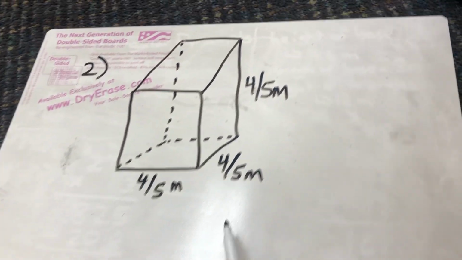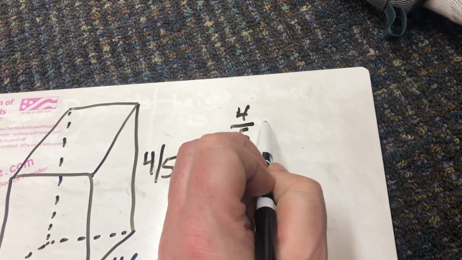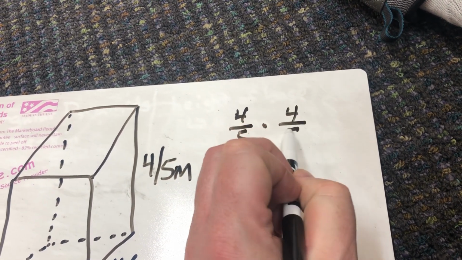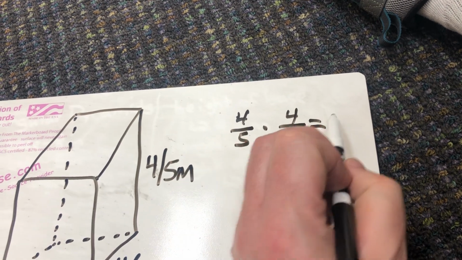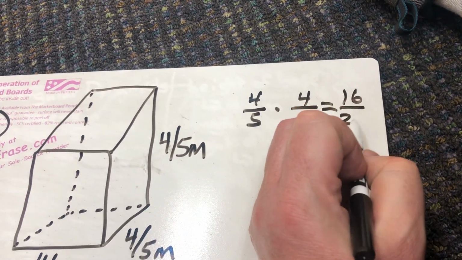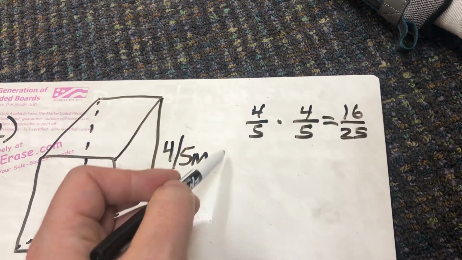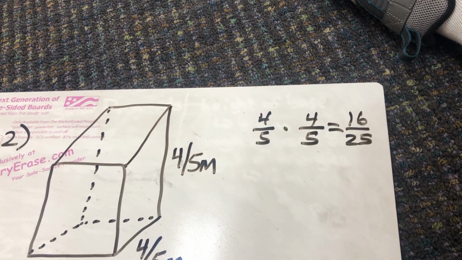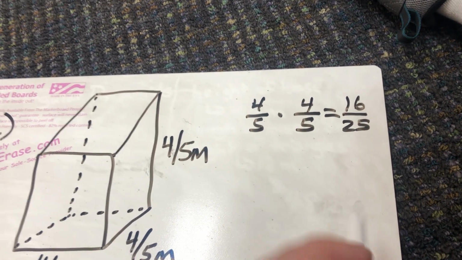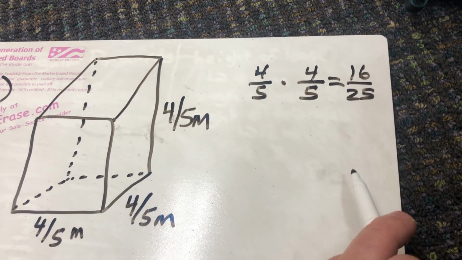Well, let's just go ahead and start. Let's go 4/5 times 4/5. And well, 4 times 4 is 16. 5 times 5 is 25. I can't cross-check a 4 and a 5 either direction because nothing besides 1 can go into both of them. So I can be confident that 16 over 25 is in simplest form.